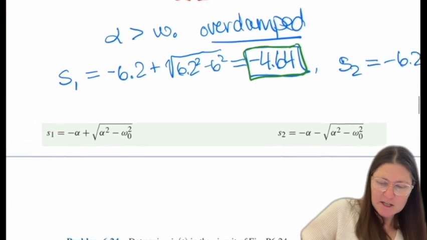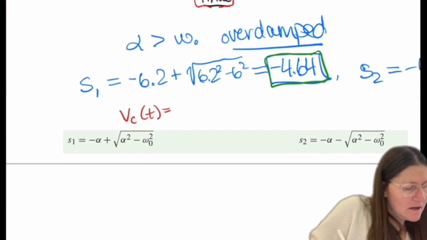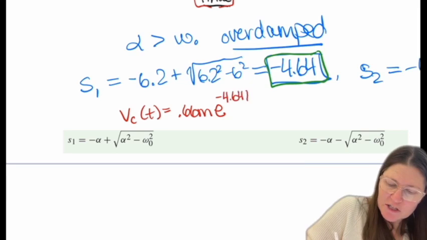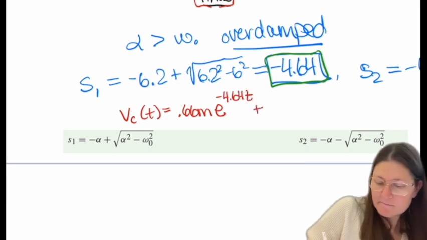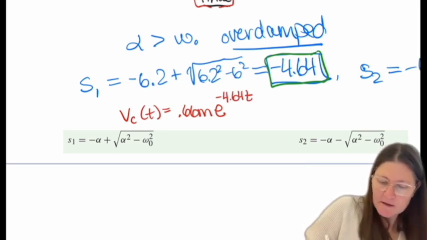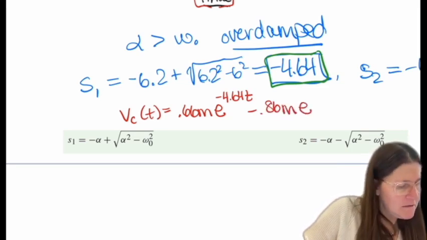So my VC of T ends up looking like 0.66 millivolts, e to the minus 4.64 T, plus A2, which is minus 0.86 milli, e to the S2, sorry, what was S2?